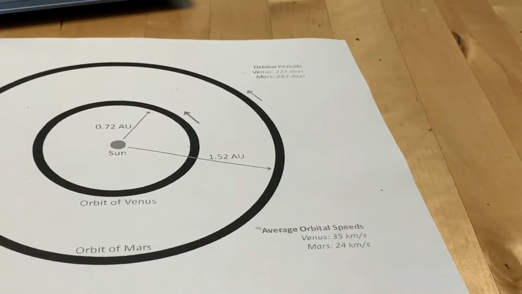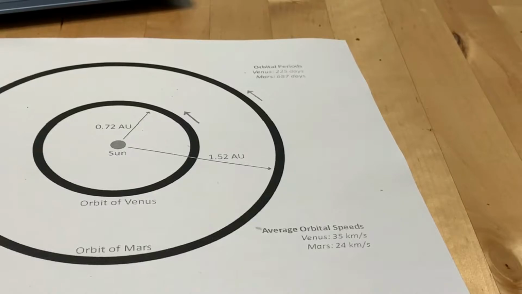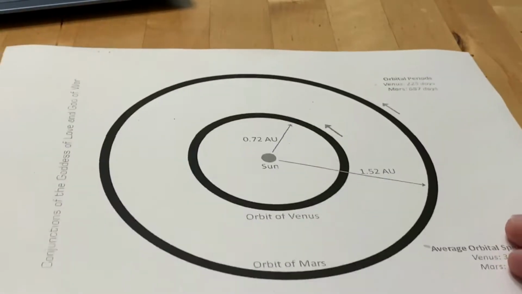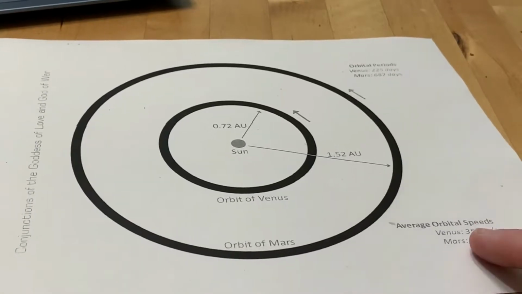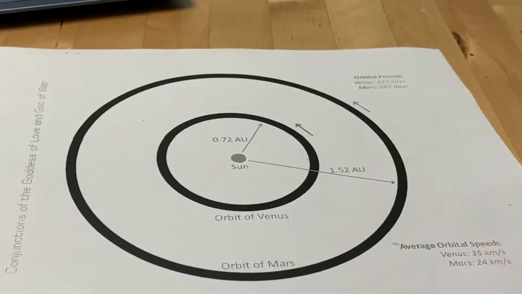Mars moves a little slower, probably Santa Rosa to Novato, which is still pretty quick. Obviously we can't make an Ozobot go 35 kilometers per second. So what we did is we just took 35 kilometers per second and turned that into millimeters per second. And that is how the Ozobot moves.